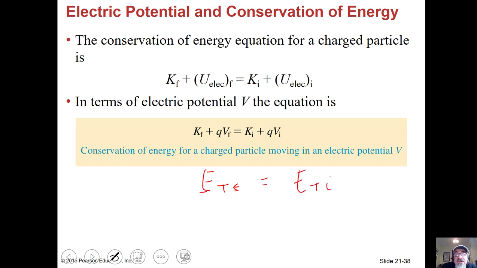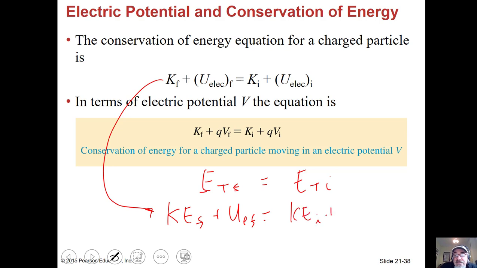Now the initial energy, or the final energy, whichever you want to talk about, is made up of kinetic and electrical potential. So that's where this is coming from. So in physics 220 we use Ke for kinetic. So kinetic final plus electrical potential final is equal to kinetic initial plus electrical initial.